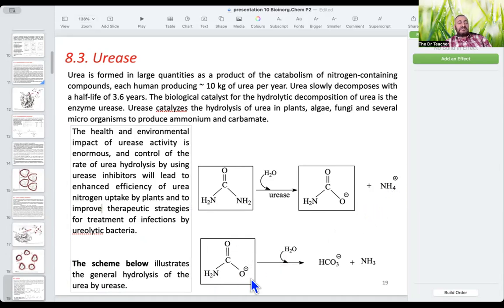Once you have this intermediate, more water will decompose this to NH3 and carbamate. So we call this a carbamate. That's the mechanism of urease.